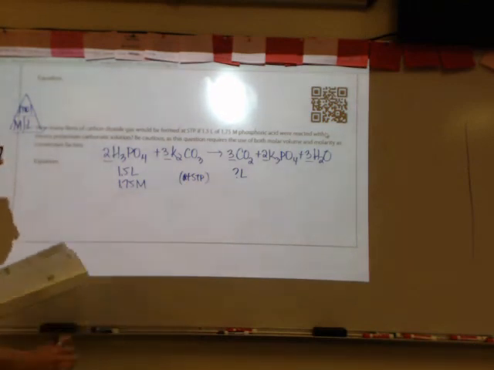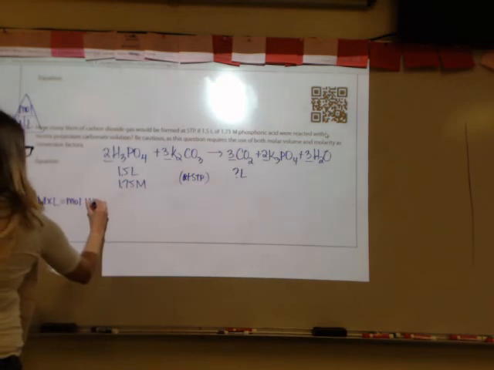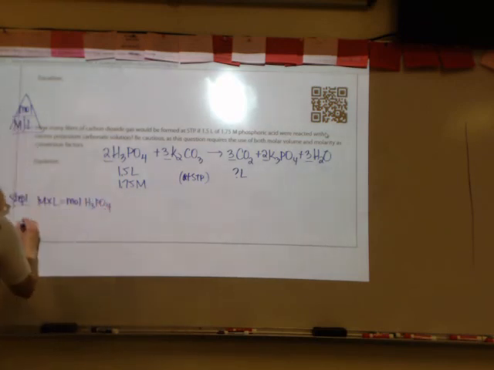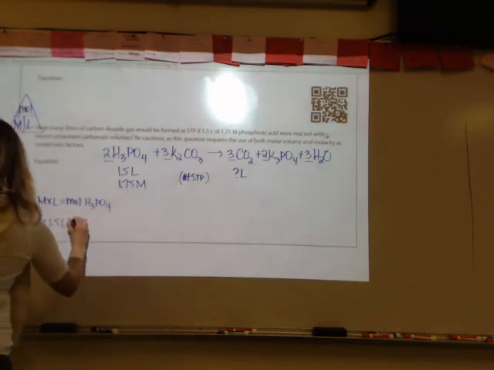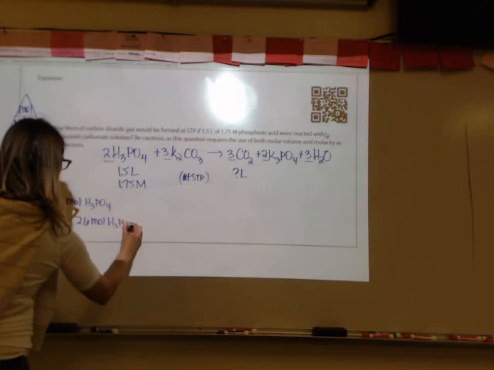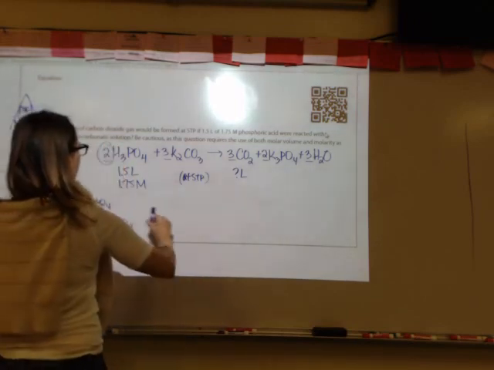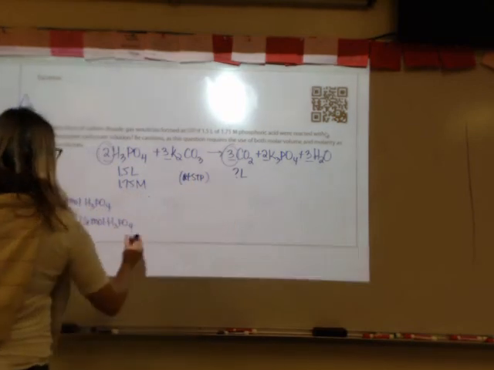How can I get to moles? Molarity times liters. So step number 1, molarity times liters is moles of H3PO4. Step number 2, we're going to use the coefficients. We're going to go from H3PO4 to CO2.